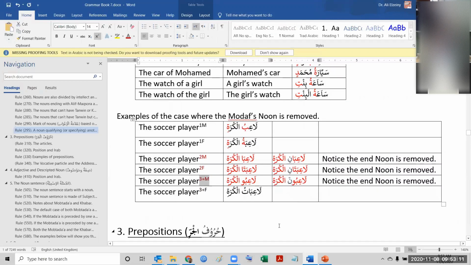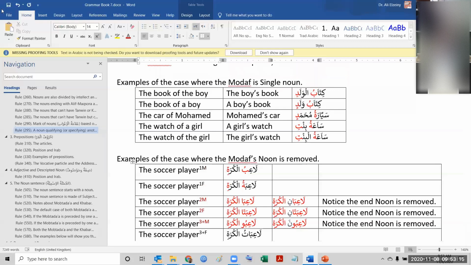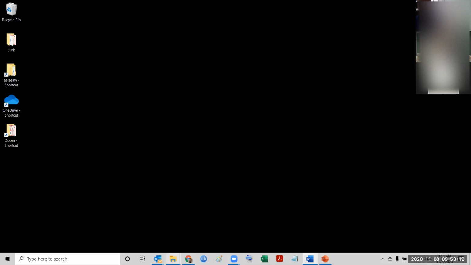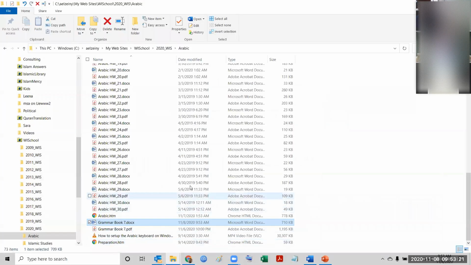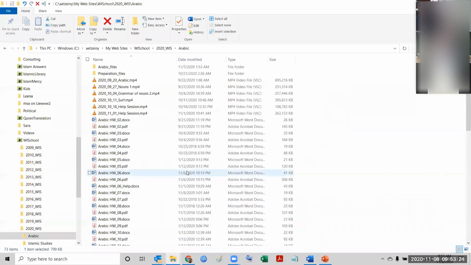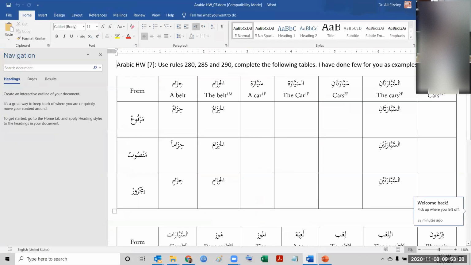Now let's jump to the homework and see how we can do this. I think it should be homework number 7, if I'm not mistaken. Yes, it's number 7.